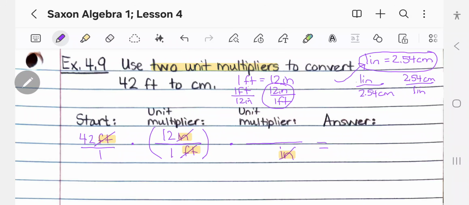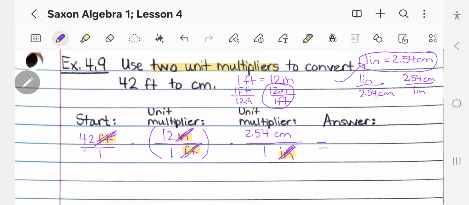And a foot over a foot is another way of writing 1. So here I want inches on the bottom. So I'm going to write 2.54 centimeters over 1 inch. Just reviewing our units, this canceled with this, and this canceled with this. So it did take us 2 unit multipliers to get to centimeters.